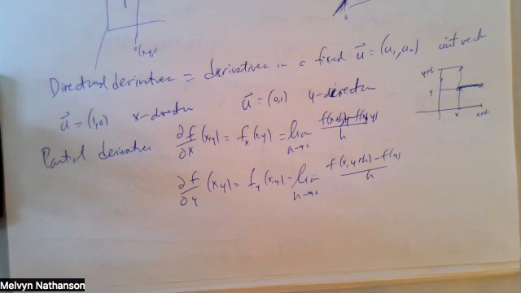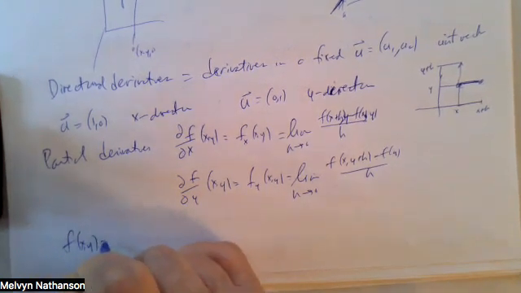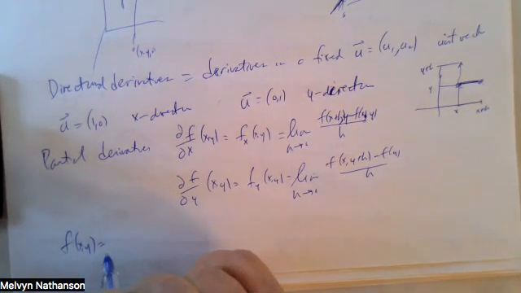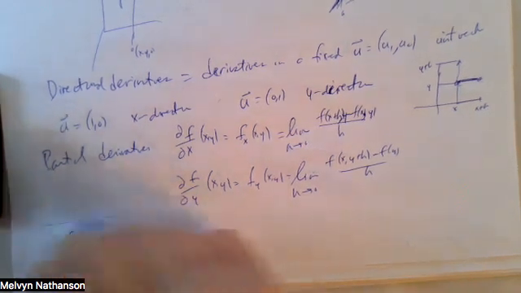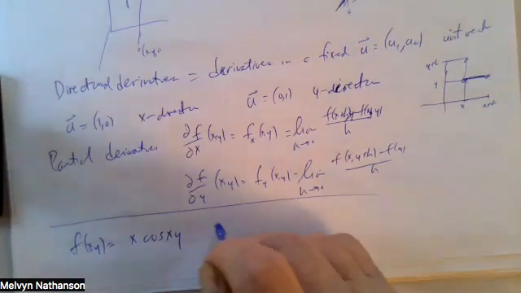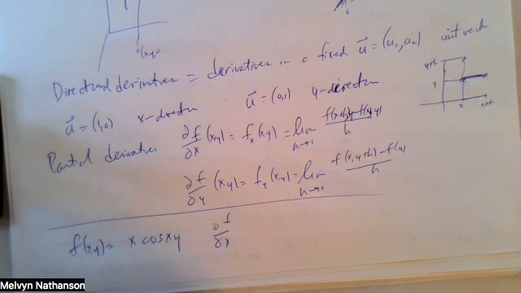So for example, if f of x, y is the function x cosine of xy, the partial of f with respect to x: y is like a constant. And you differentiate this with respect to x, you would use the product rule.